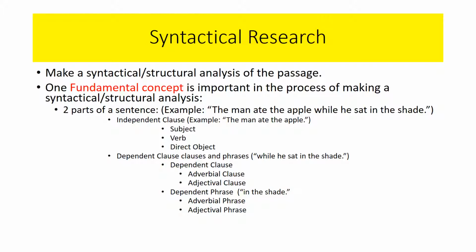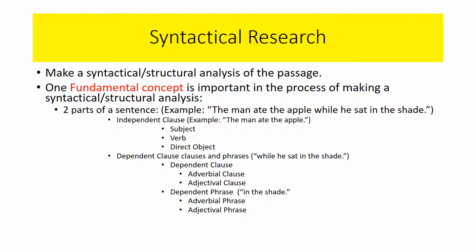So in dependent clauses, you can have adverbial clauses or adjectival clauses. For instance, if I said the man who ate the apple, that's a clause, but it's adjectival. Or if I said the man of the house is a phrase telling who the man is. So it's an adjectival phrase.